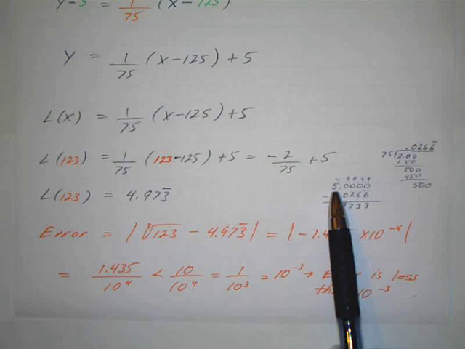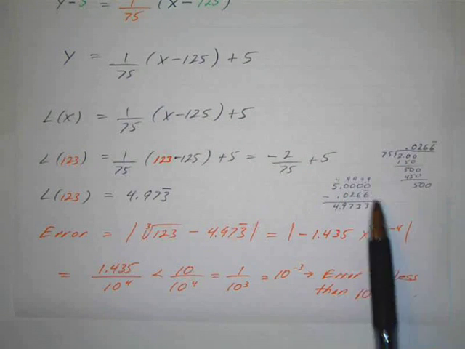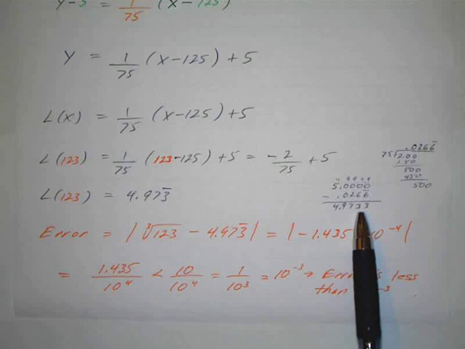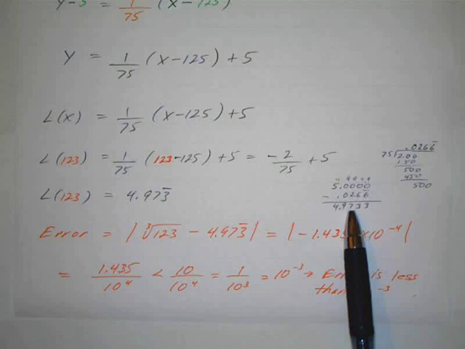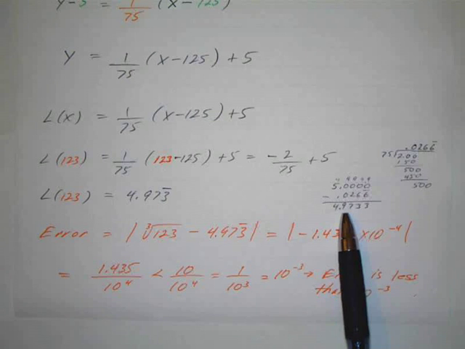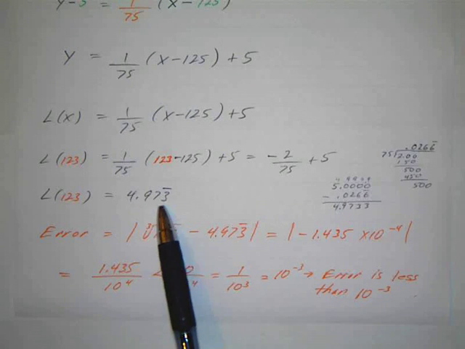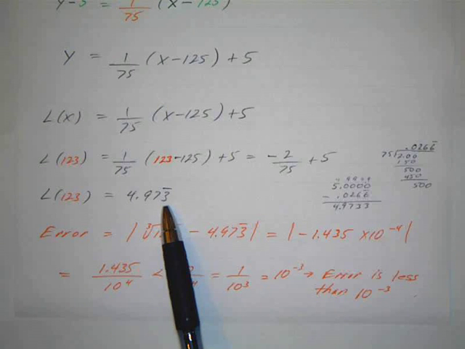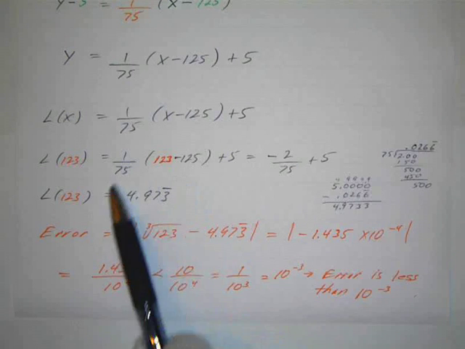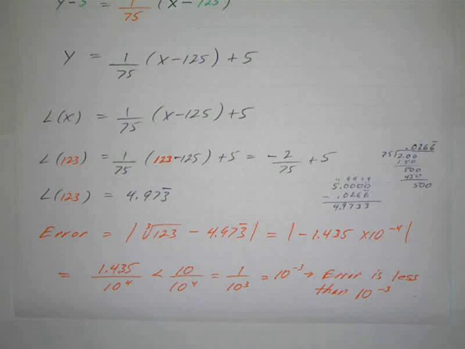I get 5, which is 4.9999, all these 9s, and I keep subtracting all these 6s, and I get all these 3s, except here I get a 7, here I get a 9, and here I get a 4. So I get about 4.9733333333, etc. So that's the approximation for the cube root.